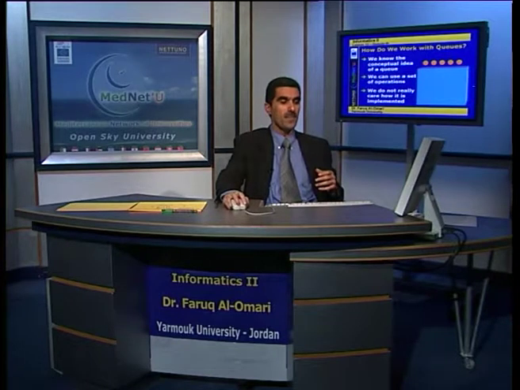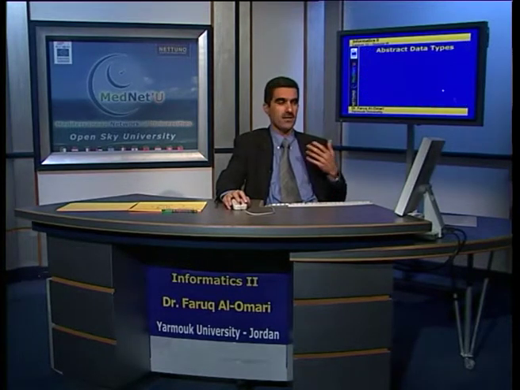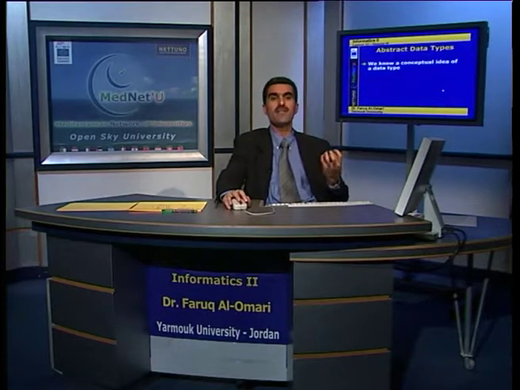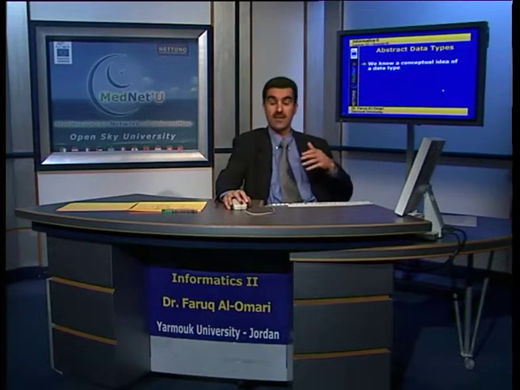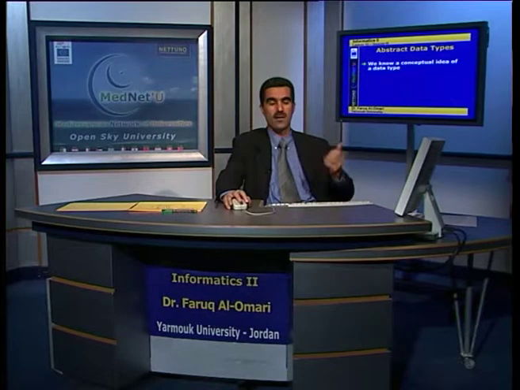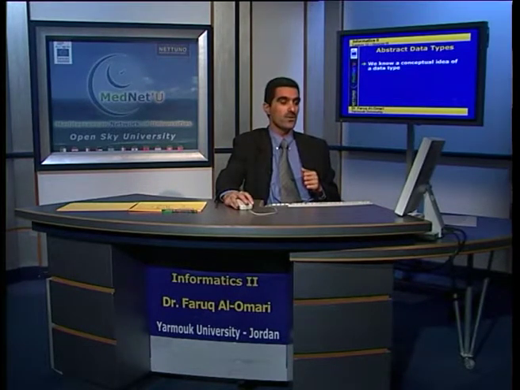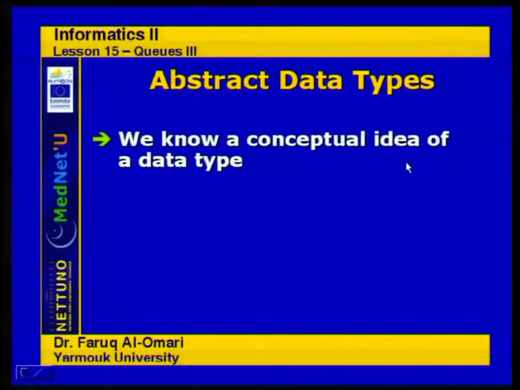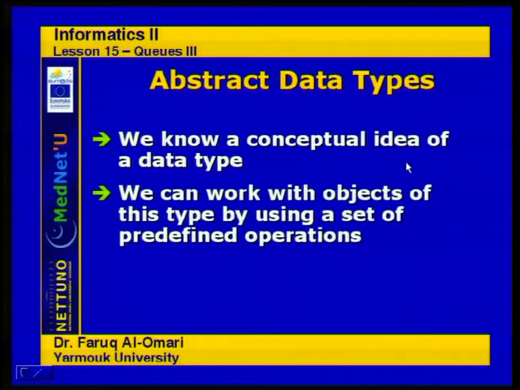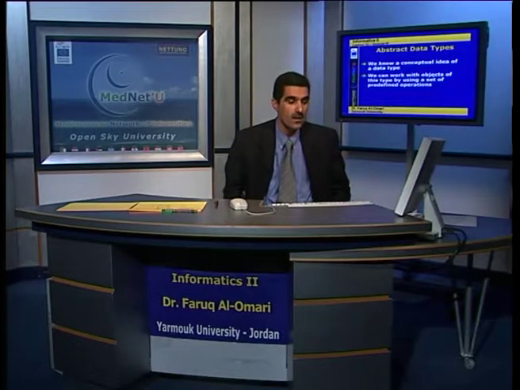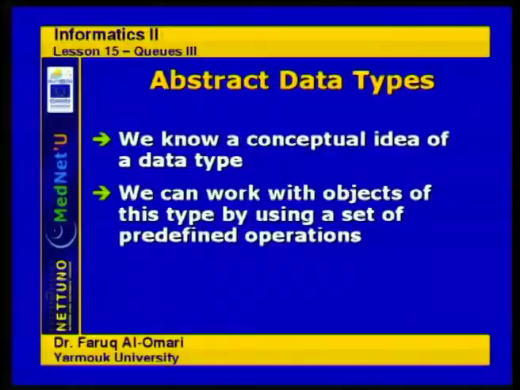So basically, when we talk about abstract data types, we don't care about the physical implementation, but rather we care about the conceptual implementation. So we know the conceptual idea of a data type. Okay? We can work with objects, and now I refer to objects rather than to the physical implementation of this type, using a set of predefined operations.